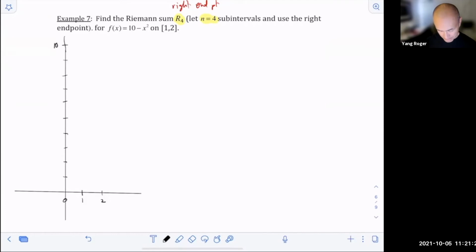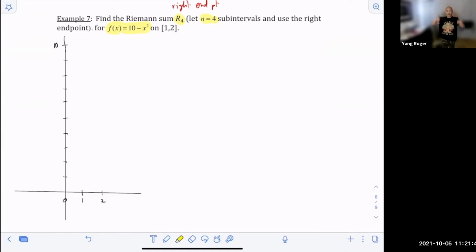Here's 10. So when you look at our function, this is basically a quadratic function, right? So x squared looks like this. When you flip it, multiply by -1, it opens downwards. So if that's the origin, you're going downwards like this, then you got to go up 10 units. So it's going to be 1, 2, 3, 4, 5, 6, 7, 8, 9, 10.